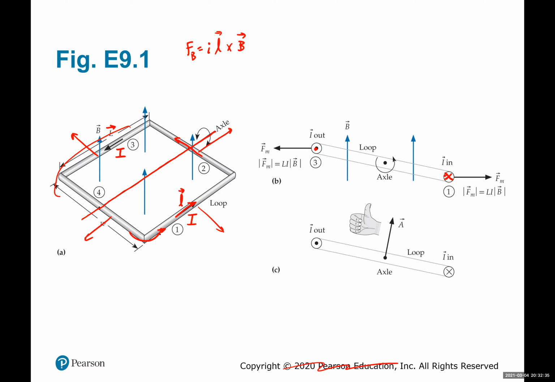So that's what we did. We held it up, and it's stuck on this axle. Like, I don't know, there's like a washer here, and it can't move back and forth. So the forces on legs 2 and 4 don't get to do anything.